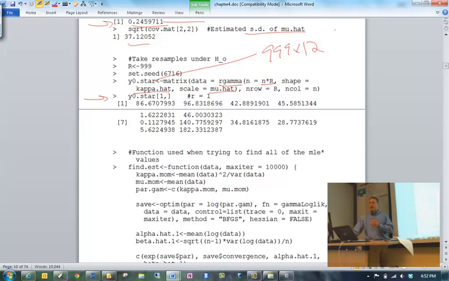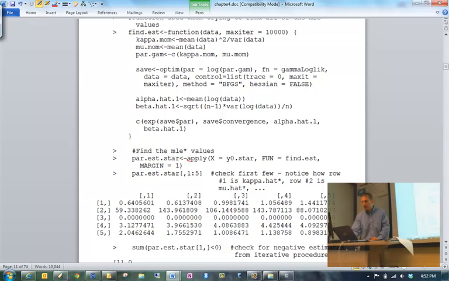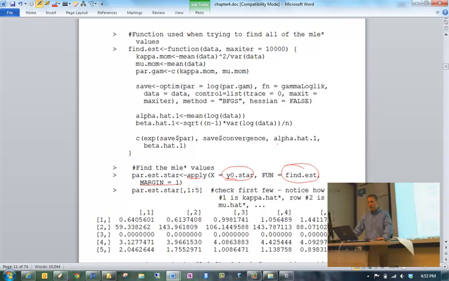So what I would like to do now is calculate T, my test statistic, for every single row of that matrix. So use the apply function. Apply, here's my data, y0.star. I'm going to apply this by row. The function I want to apply per row is this function I call find.est. Find the estimates, find T. No, I'm sorry, just find the estimates. Then later we will actually find T.